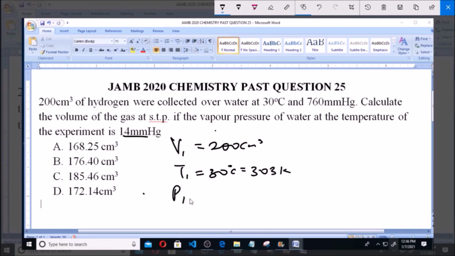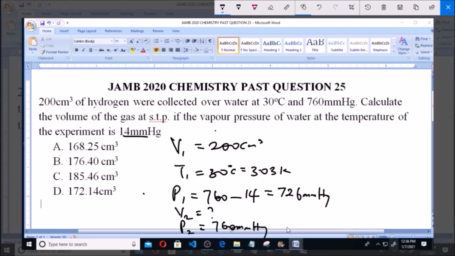Then P1 is equals to 760 millimeter mercury minus the vapor pressure of water at that exact temperature, which is 14 millimeter mercury, and that will give us 726 millimeter mercury. Then V2 is what we are looking for, the unknown. P2, that is the pressure at STP, which is 760 millimeter mercury, and T2 is equals to 273 Kelvin.